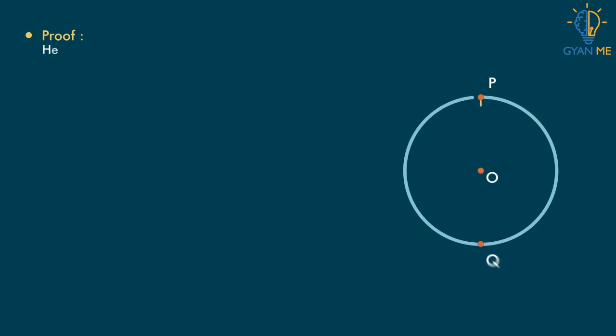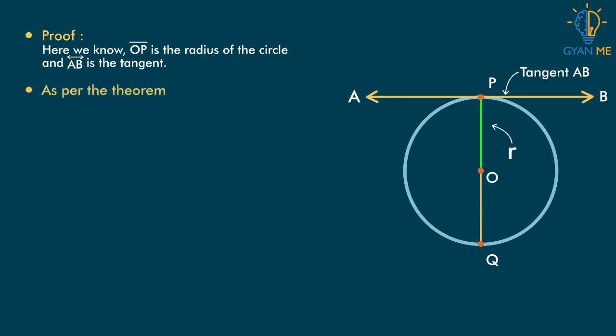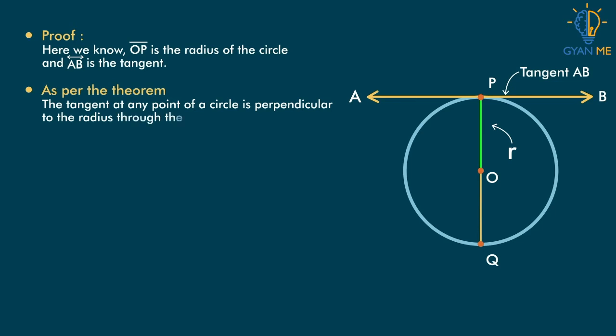So let us see the proof. Here we know OP is the radius of the circle and AB is the tangent at point P of the diameter PQ. According to the theorem, we already know that the tangent at any point of a circle is perpendicular to the radius through the point of contact.